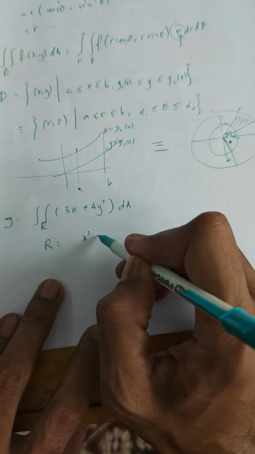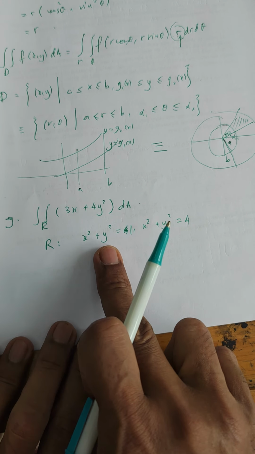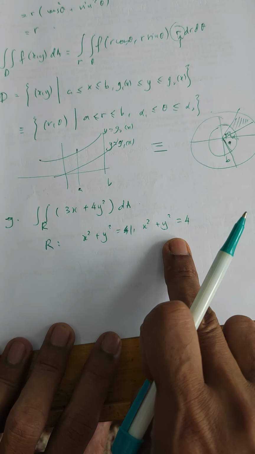If you look at these two circles here, this circle has radius 1, this circle has radius 2.